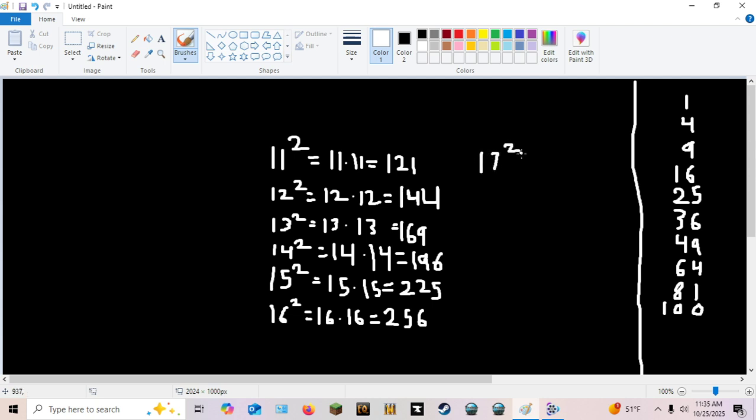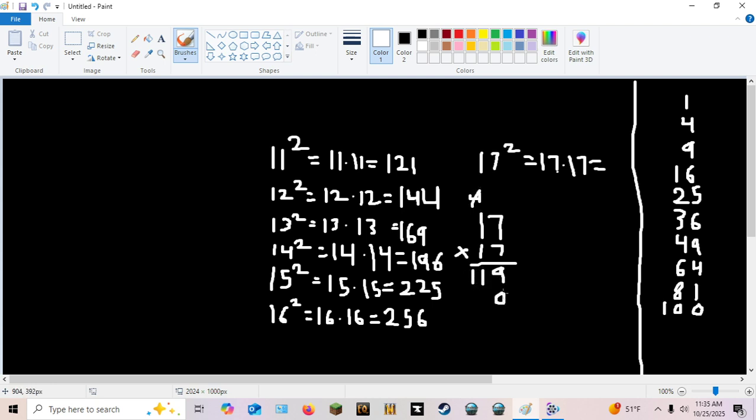17 squared is equal to 17 times 17 equals what? Do the standard algorithm. 7 times 7 is 49. And then 7 times 1 is 7 plus 4, which is 11.